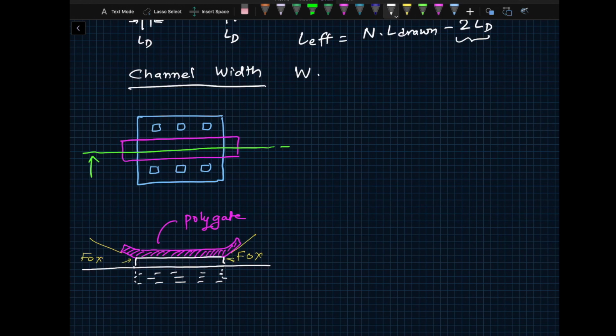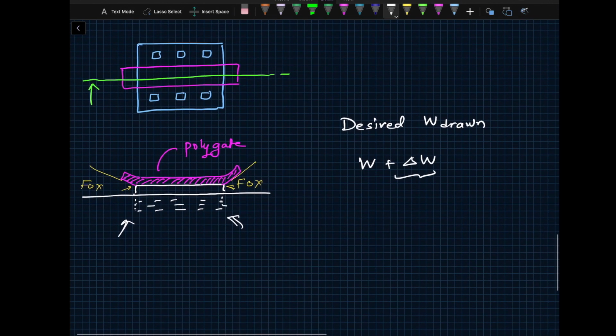When you need a desired W, let's say you have W drawn is what you want, you actually get W plus delta W. This plus delta W happens because of these two edges which are defining your width. Now, if I just stretch the transistor simply to increase my W, then this W will get multiplied, but this delta W will not get multiplied.